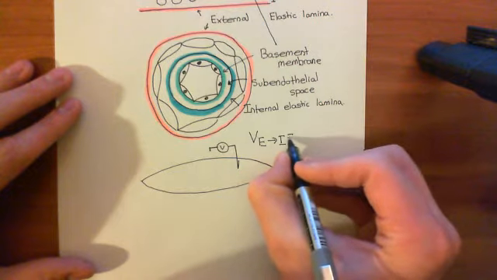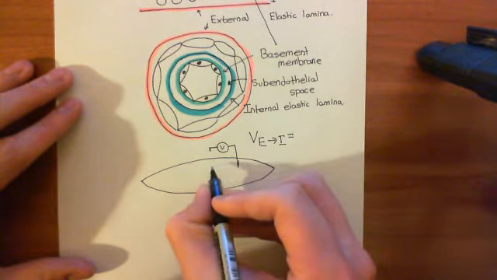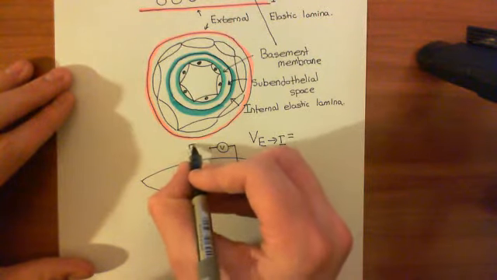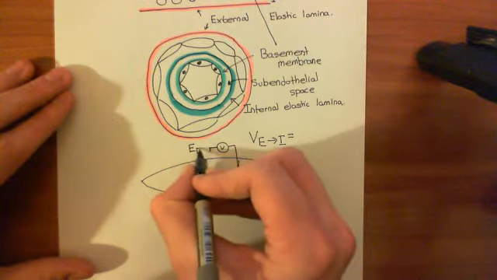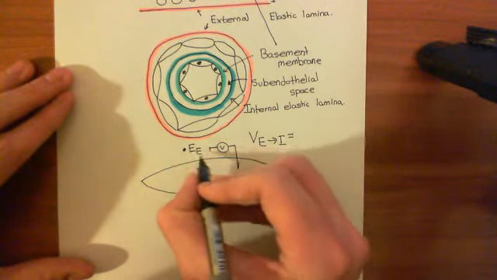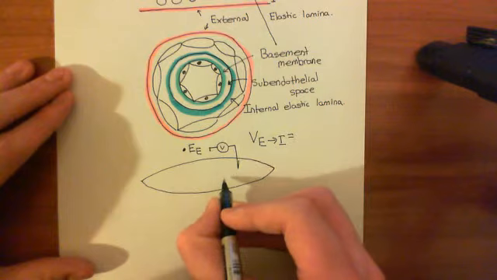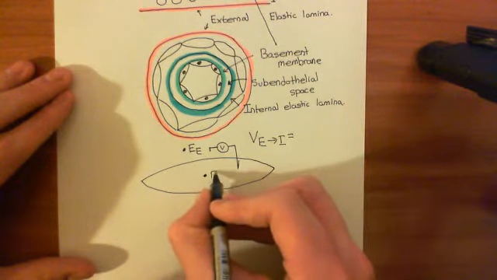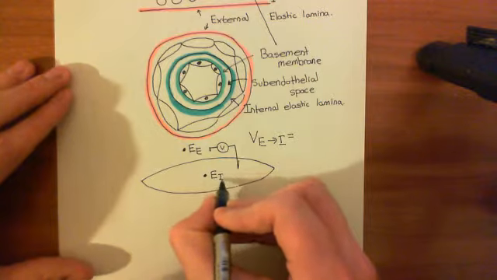Which means, if you had a little man standing in the extracellular fluid, and he measured electrical potential in the extracellular fluid, let's call that the electrical potential of the extracellular fluid, and he was to move into the intracellular compartment and measure electrical potential there, let's call that the electrical potential of the intracellular fluid.